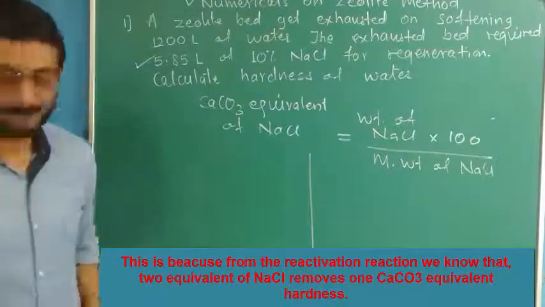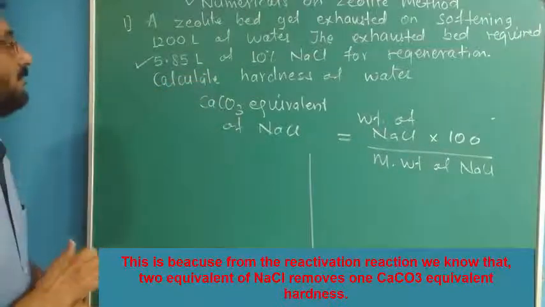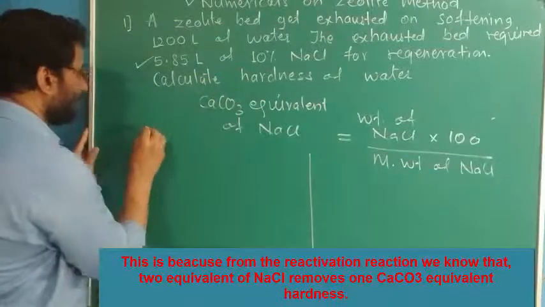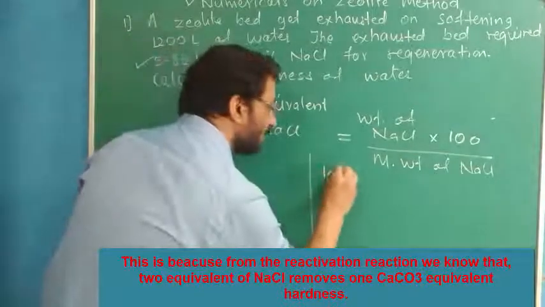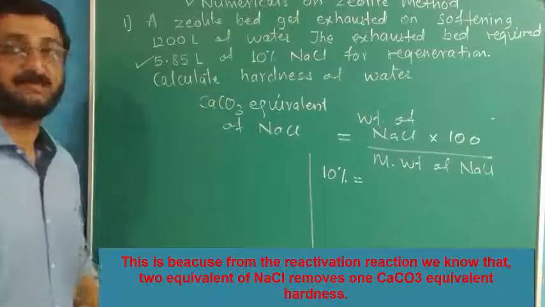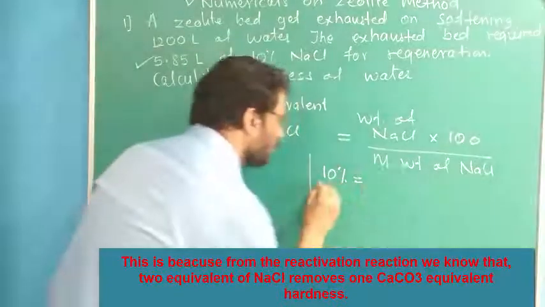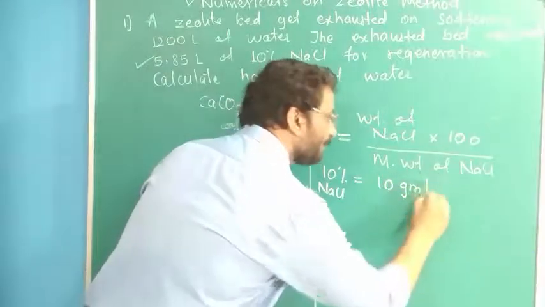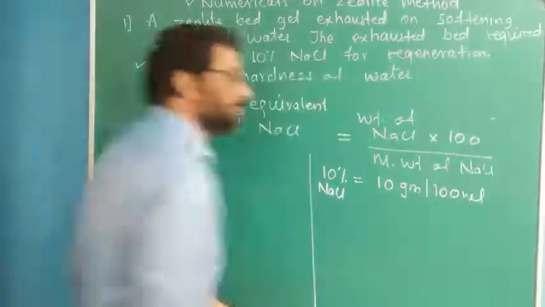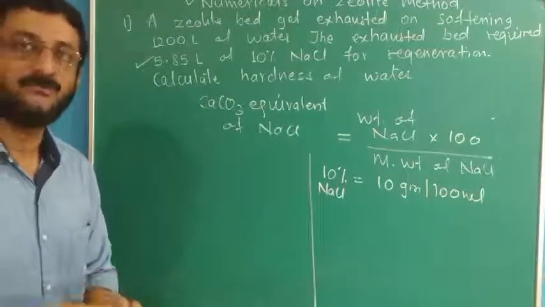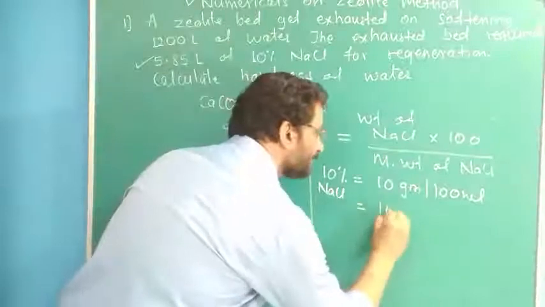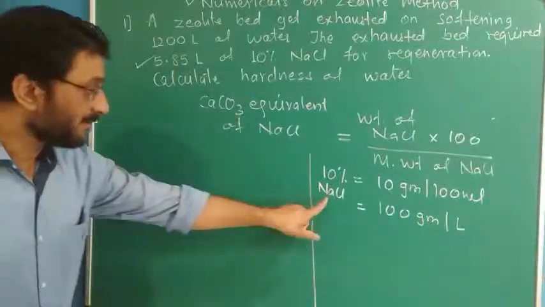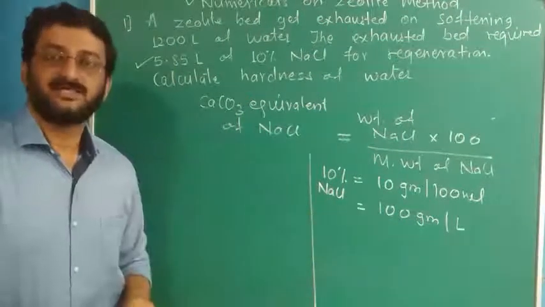Apart from that, first go to NaCl. First find out exactly how much NaCl is required. 10%, I will write here 10%. What is the meaning of 10%? Percent means out of 100. So 10% NaCl means 10 gram per 100 ml of NaCl, which means 100 gram per liter of that brine or NaCl solution.